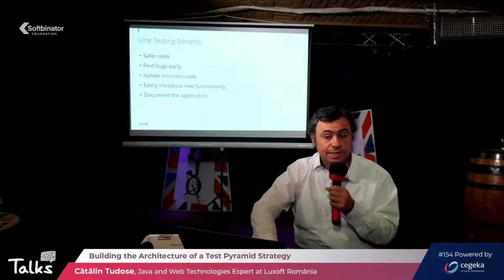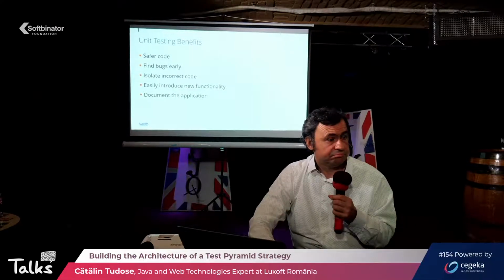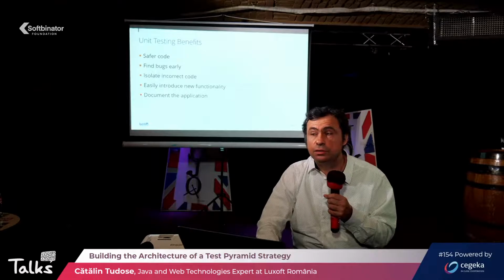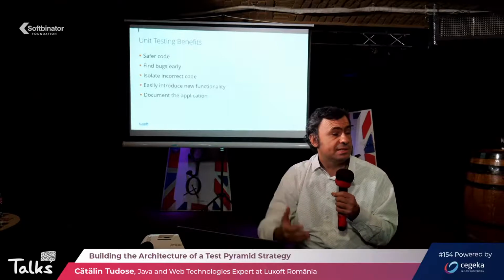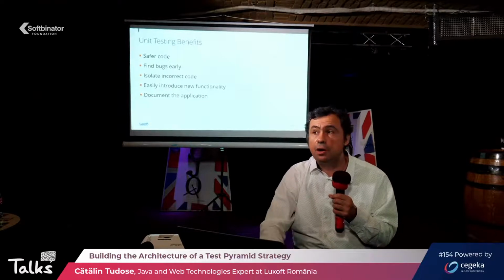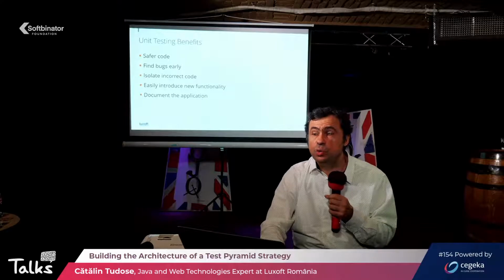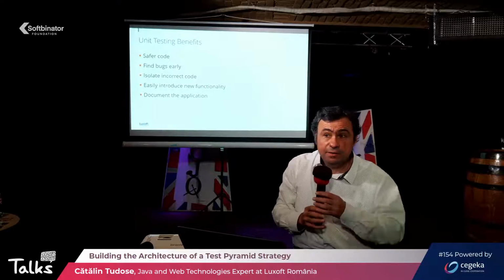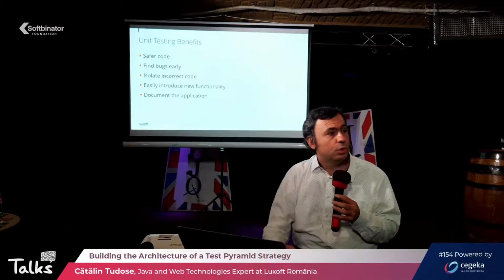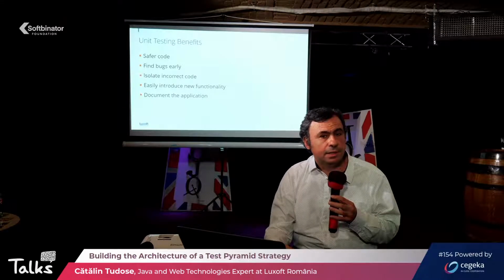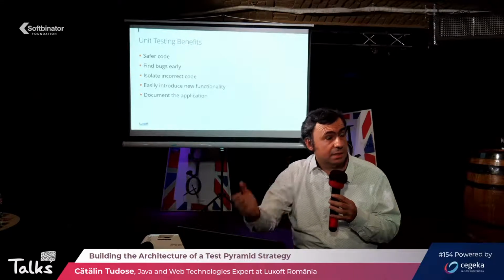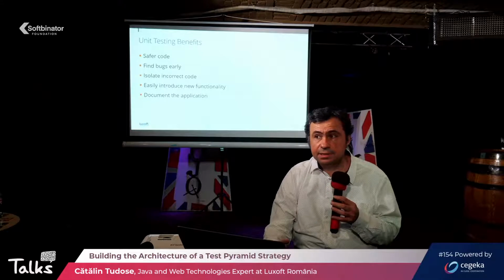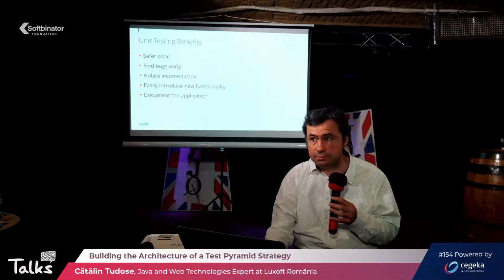Why should you test at the unit level? For a few very good reasons. Your code will be safer. You will find bugs early, because if you run the tests automatically, you will find early if something is wrong, or if you introduce something in your application and it breaks something that is already there.